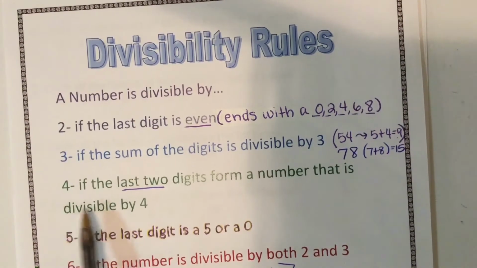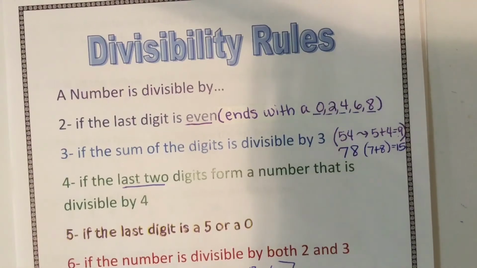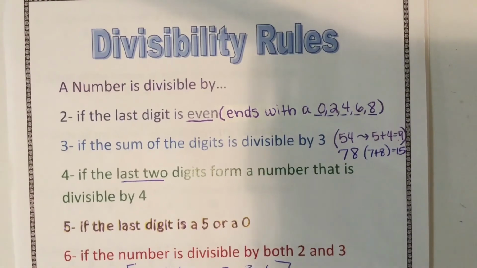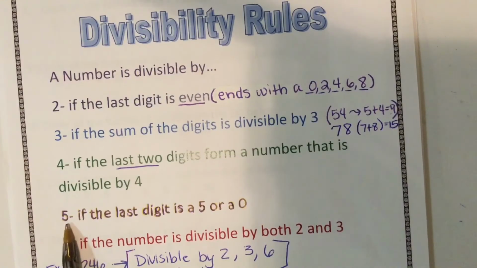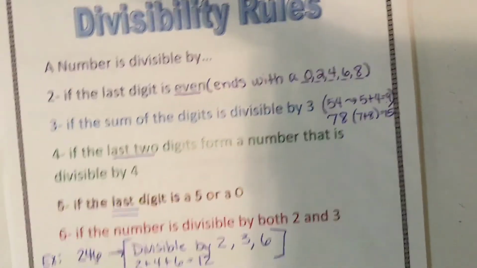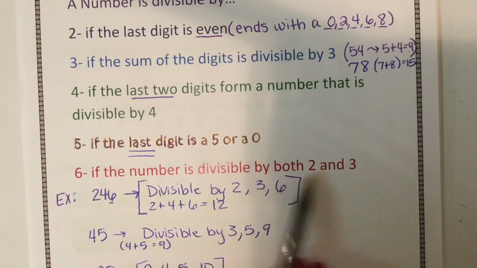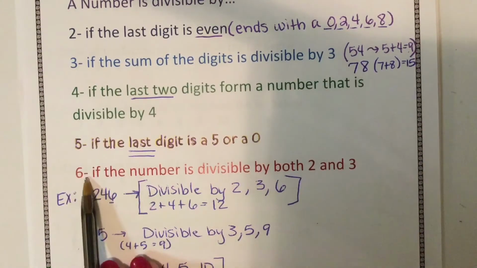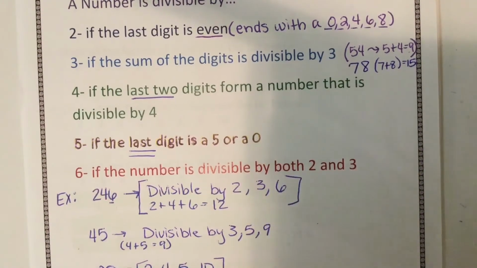Okay, 4: if the last two digits form a number that is divisible by 4, then it'll be divisible by 4. 5: it'll be divisible by 5 if the last digit, only the last digit, is a 5 or a 0. 6: if the number is divisible by both 2 and 3, then it will also be divisible by 6. So when you go through your divisibility rules and it's 2 and 3, it's also going to be 6.